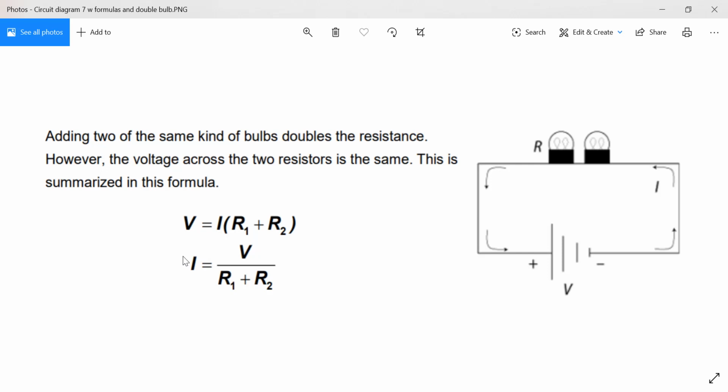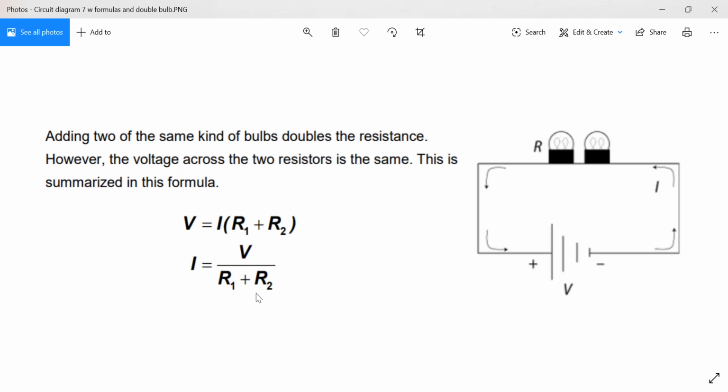So in other words, before, our current was 0.9, our voltage was 9, and our resistance was 10. But now the resistance is 20, and the voltage hasn't changed, so 9 divided by 20 as opposed to 9 divided by 10. You can see why the number got cut in half, because the resistance doubled.